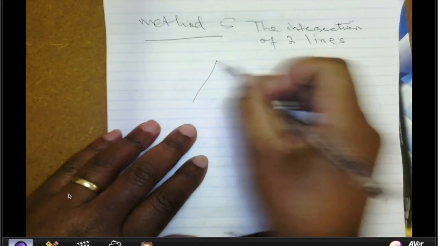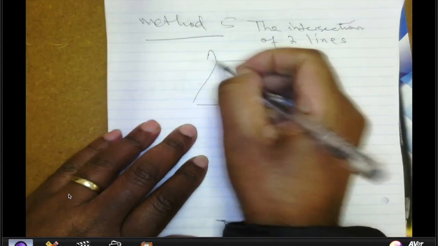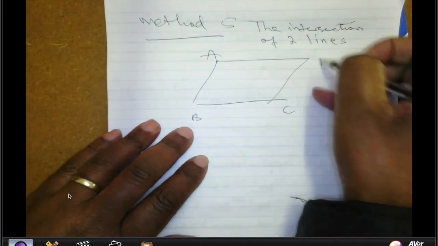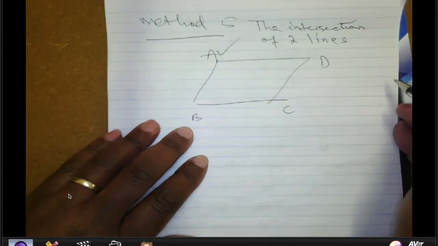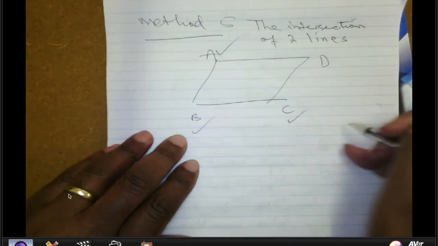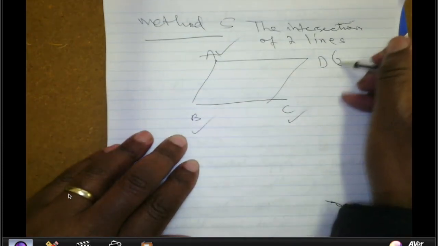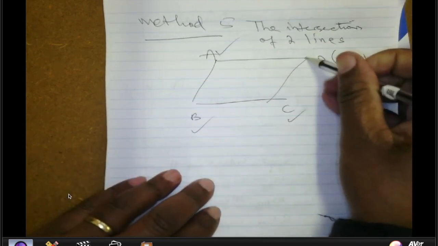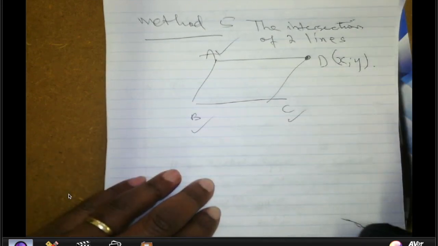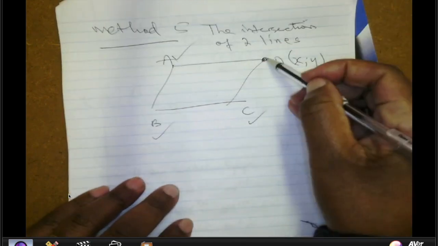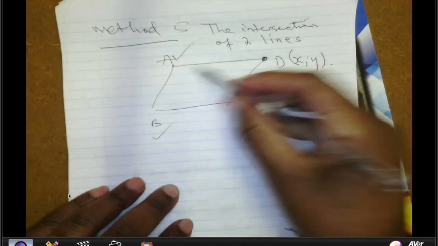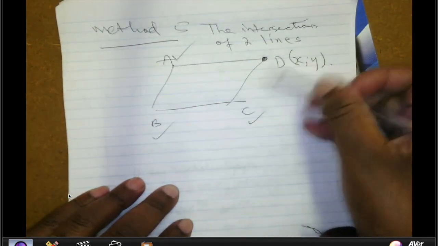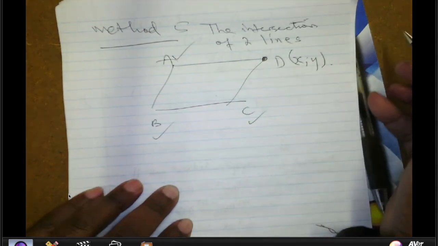Right, so we are given, remember, our parallelogram ABCD. We know point A, we know point B, we know point C. We are trying to find XY. Right, so XY is that point there. You will notice that that point is where line AD and line DC intersect.